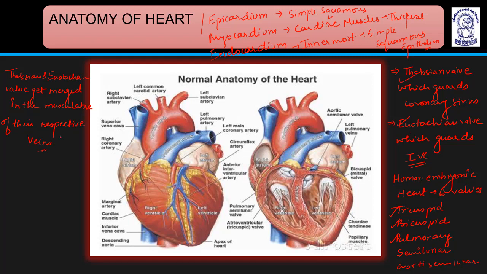In the embryonic heart, a small opening, the foramen ovale, is present at the interatrial septum, which after birth is closed to form the fossa ovalis.